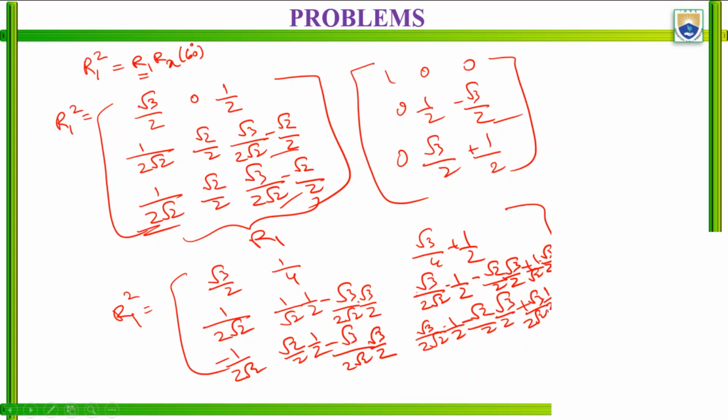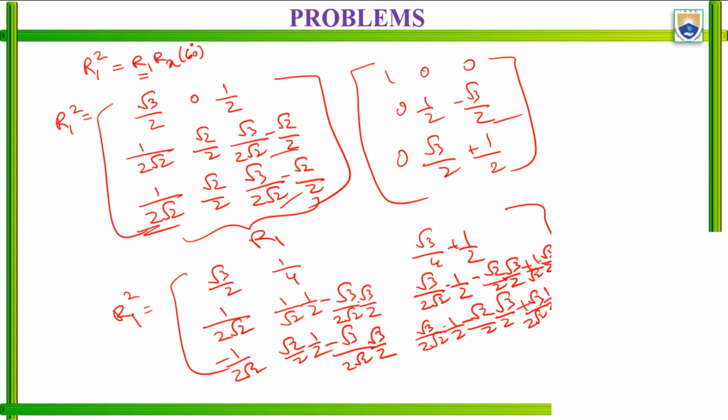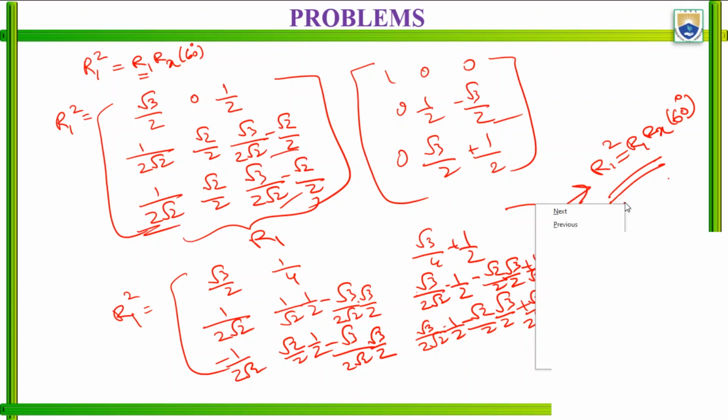This will be the final matrix which we will be getting. This is R1 square is equal to R1 into Rx with respect to 60 degrees. This is the rotational matrix which we will be getting in the final constraint.